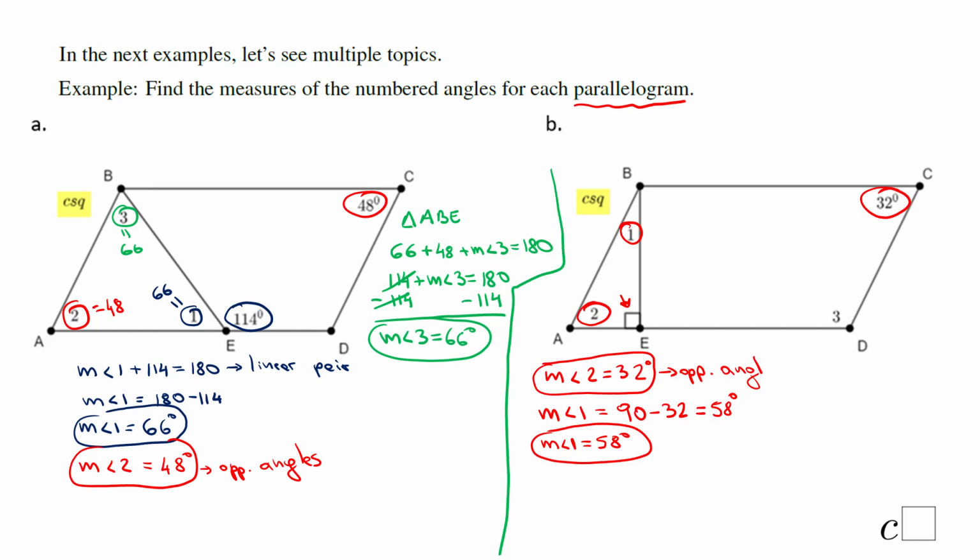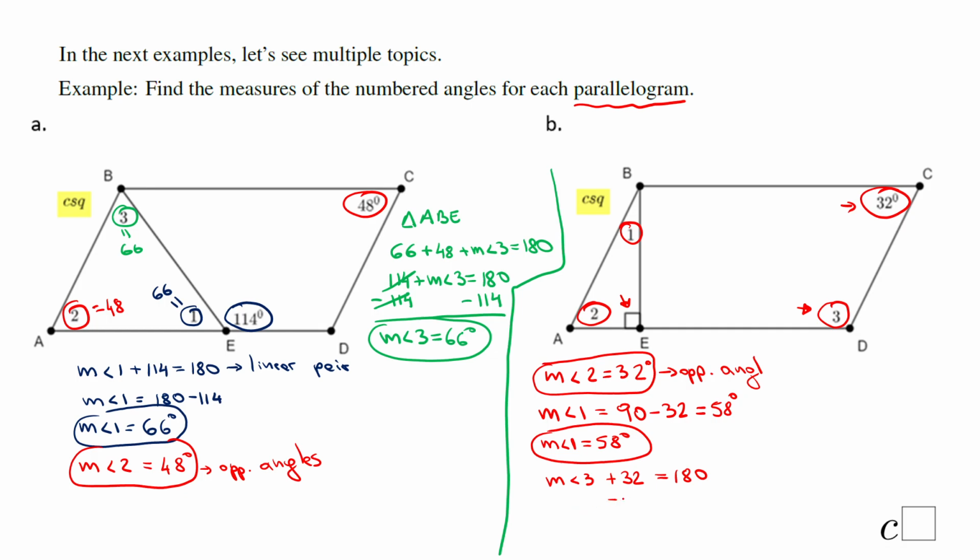And we have one more angle to find, which is angle 3 right here, which we can look back to this 32 and angle 3. They are consecutive angles. So the measure of angle 3 plus these 32, consecutive angles in a parallelogram, these two angles are supplementary.